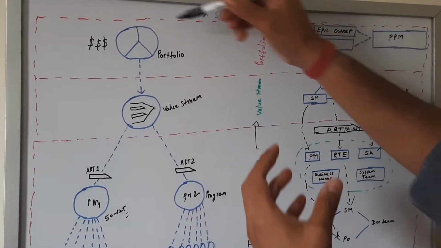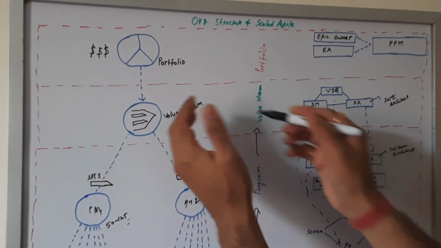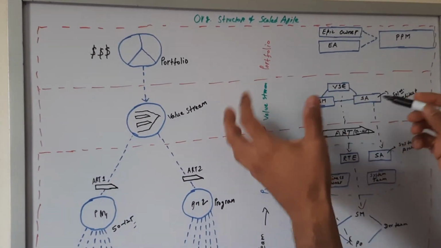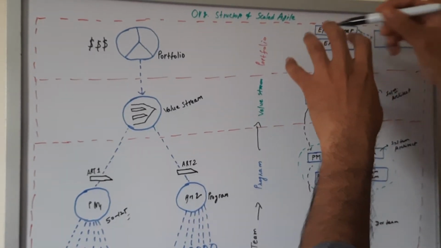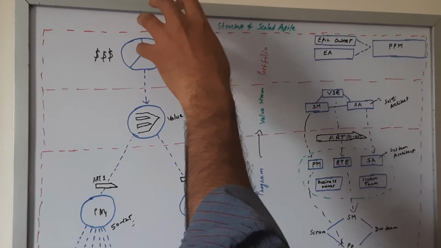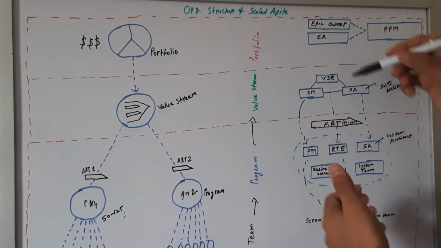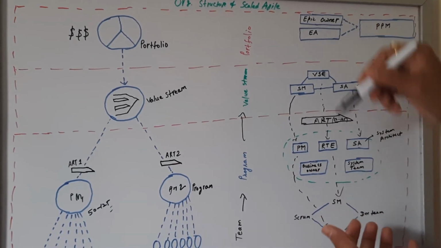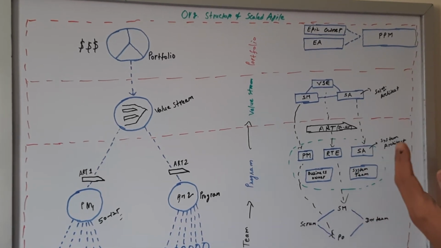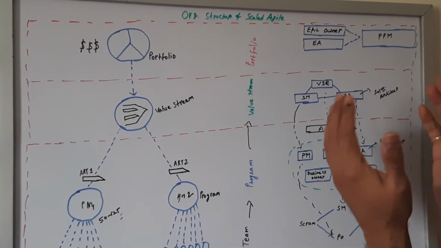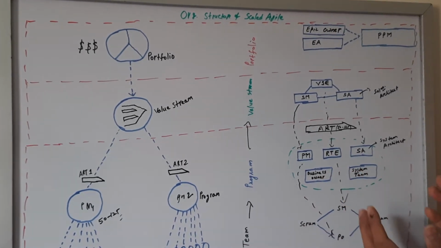This PPM will decide how much budget will be allocated to the value stream level, and to which features or initiatives. That budget will be given to each value stream, and from there each role coordinates according to its responsibility and helps in delivering the common solution for the common system.